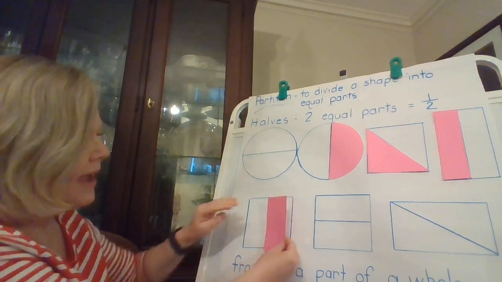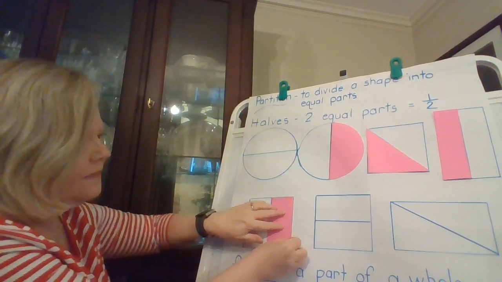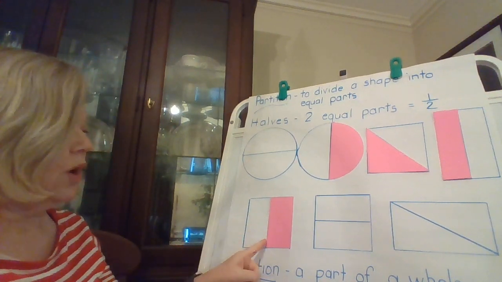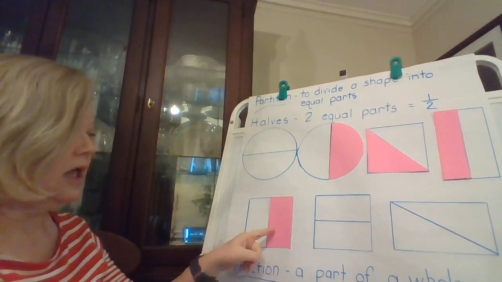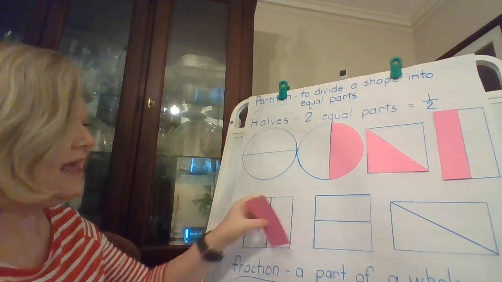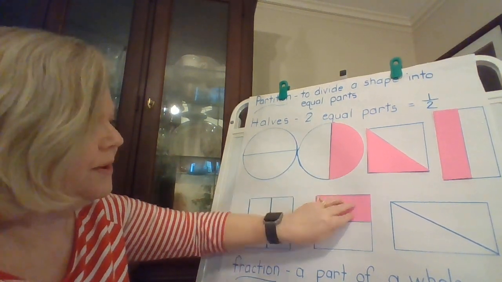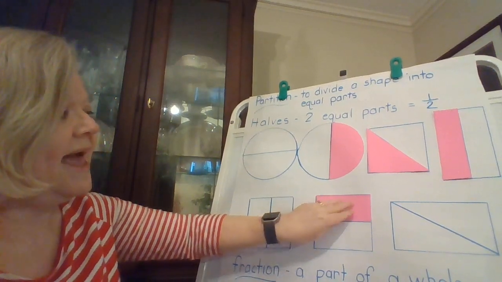In my square, a sandwich can also be half like that. One part is shaded or colored out of two parts altogether. It can work this way also. 1/2.